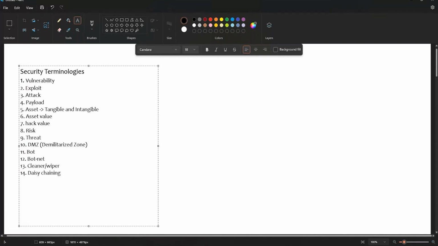What daisy chaining means, when we are talking about daisy chaining, the devices connected in a network of compromised devices, right? Where attackers took access to one system, then another system, then another system, and like that, attackers took the access of all the systems, right? That is known as daisy chaining.